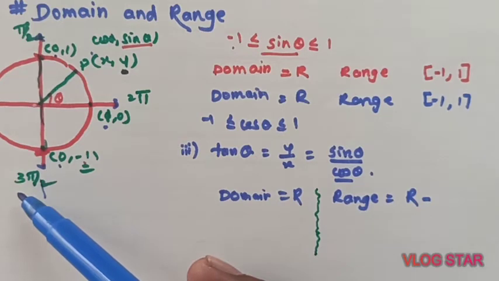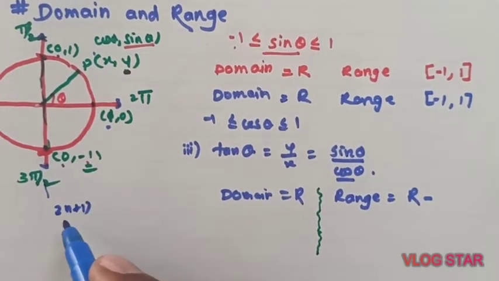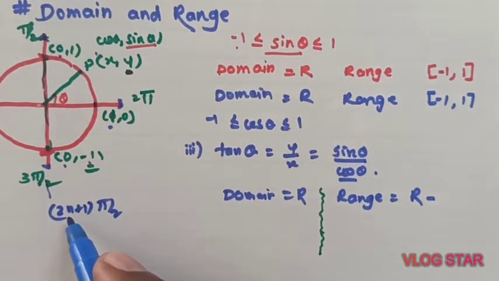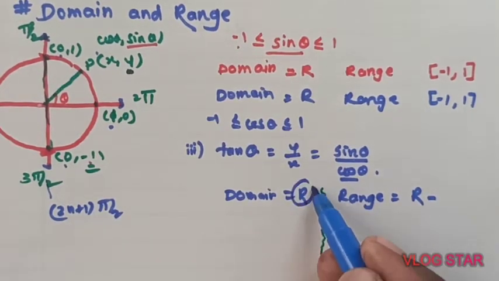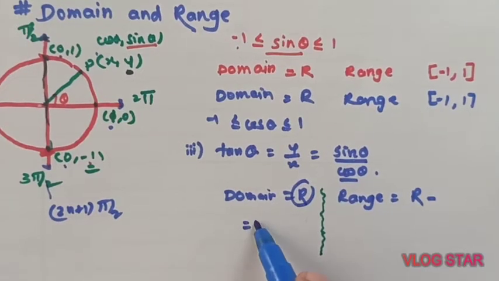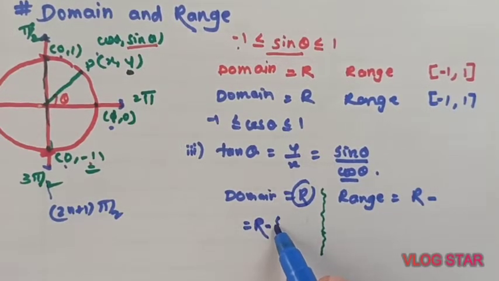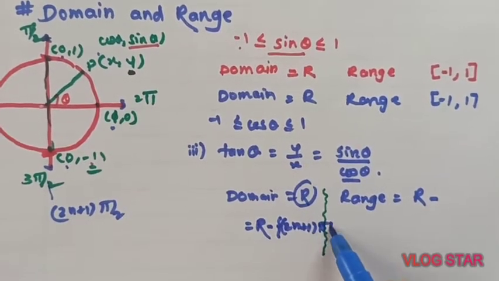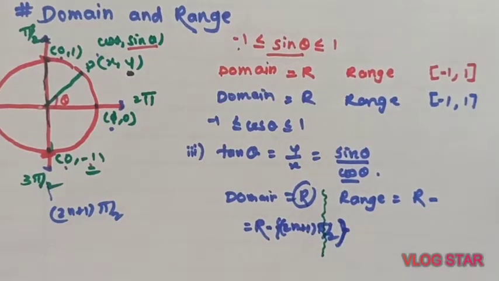These are odd multiples of pi by 2, that is (2n+1) times pi by 2, where n is not a natural number but an integer. So for the domain we cannot take the entire R. The domain should be R minus these elements, (2n+1) times pi by 2, all the odd multiples of 90 degrees.